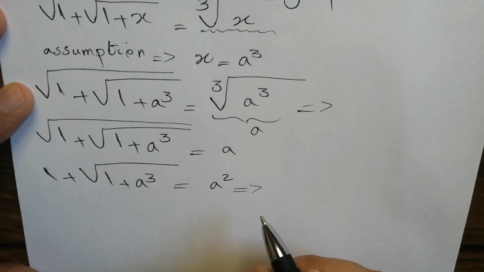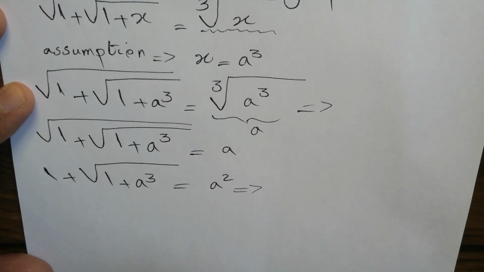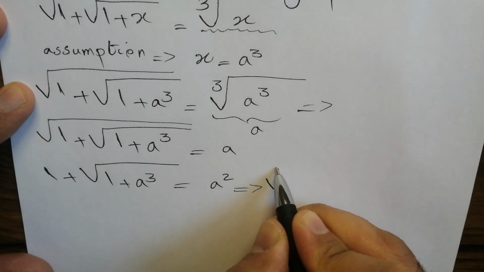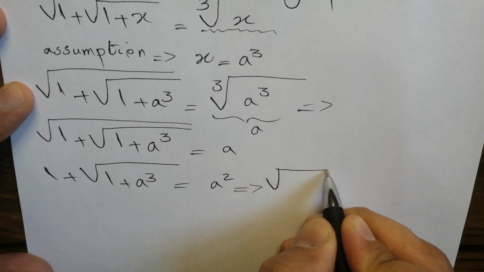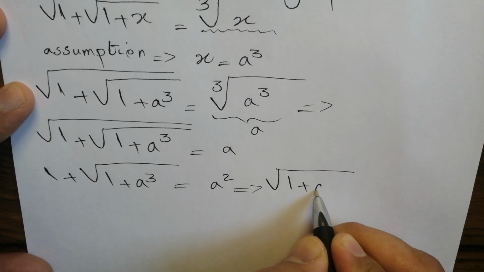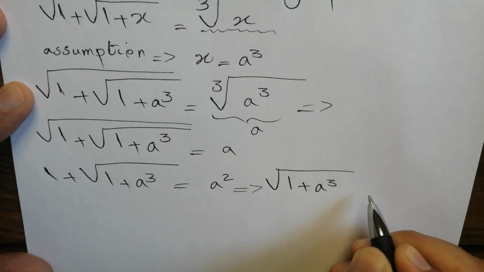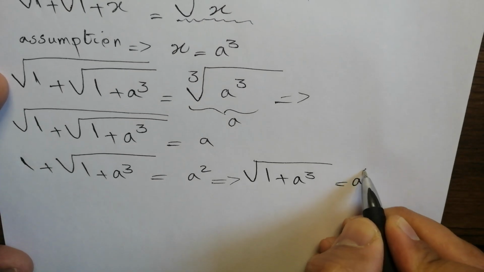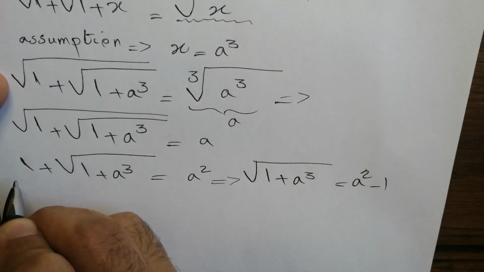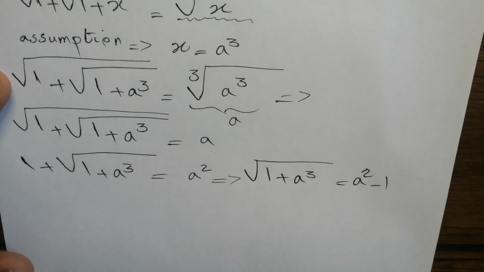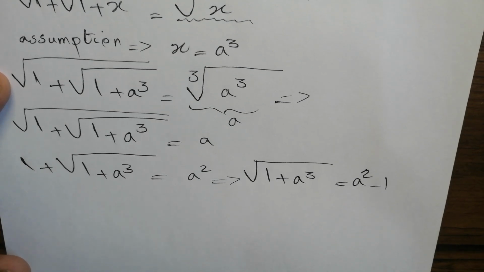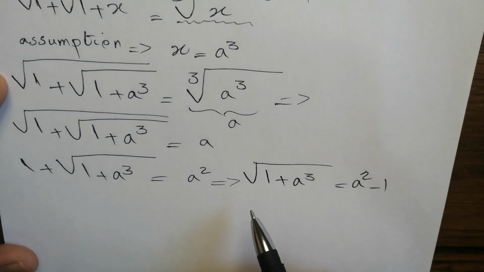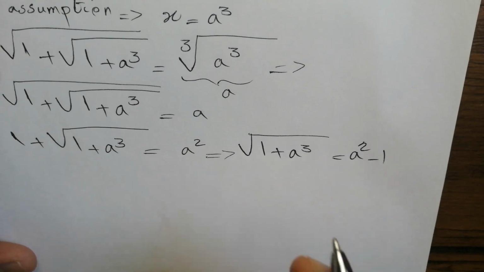So we rewrite the equation like this. The square root of 1 plus a cubed equals a squared minus 1. So we put 1 on the other side of the equation. What's next? Again, we have another nasty square root and we want to get rid of this part.